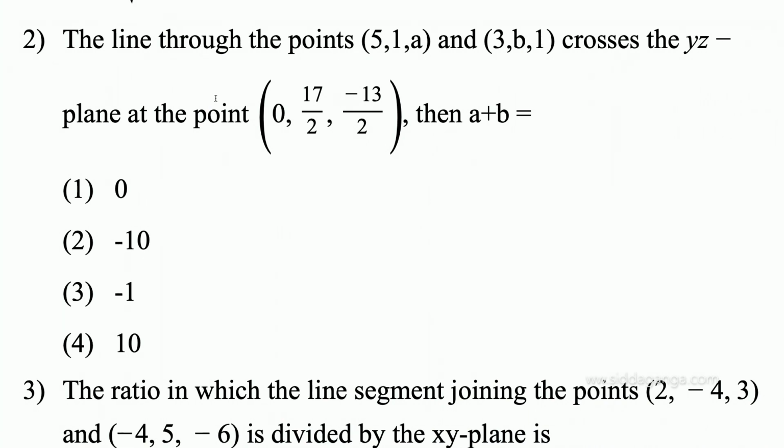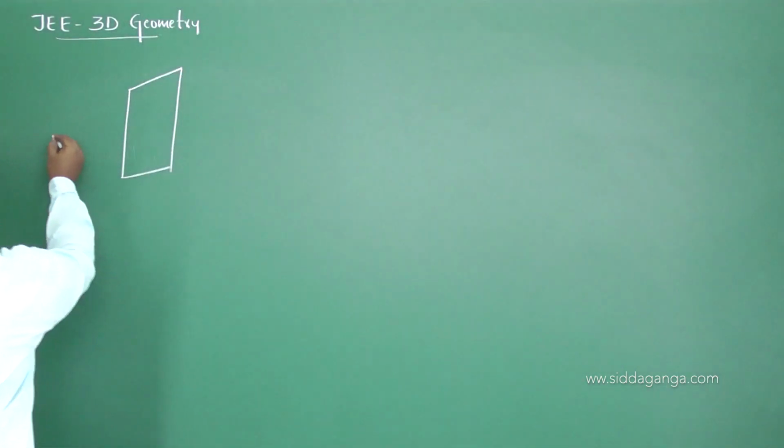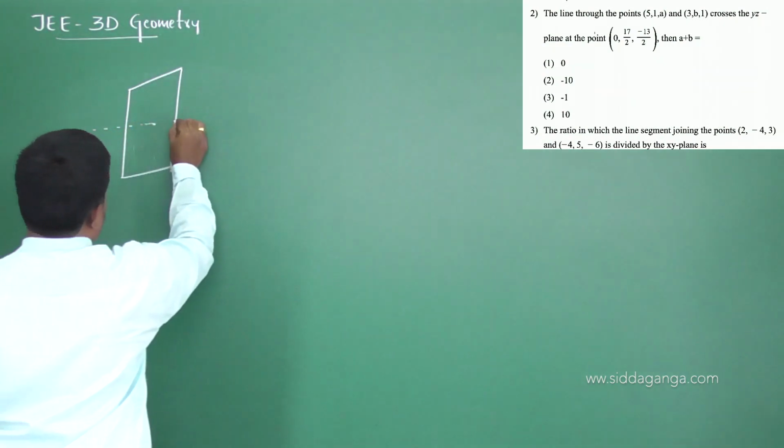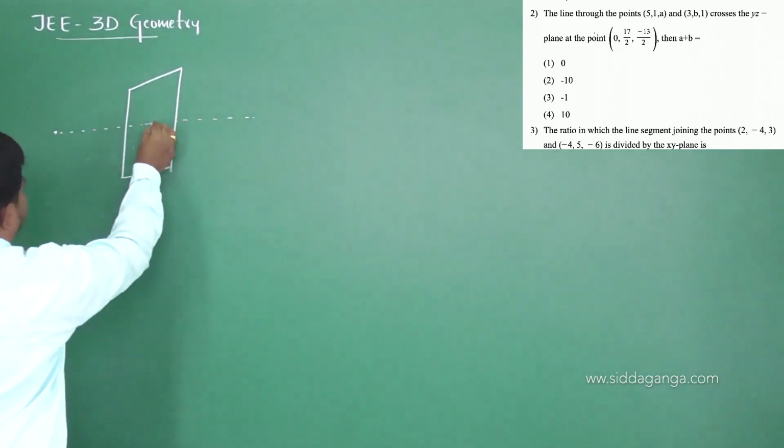The line through the points (5, 1, a) and (3, b, 1) crosses the yz plane at the point (0, 17/2, -13/2). Then what is a plus b? So, here the question is: the line through the points crosses the yz plane at a point.